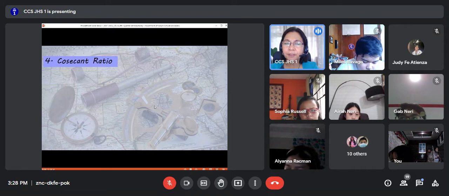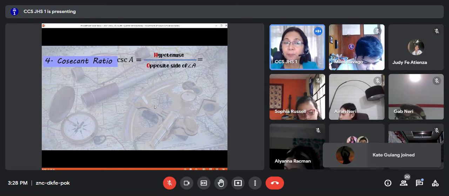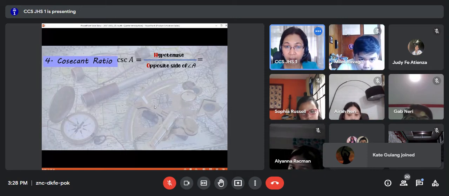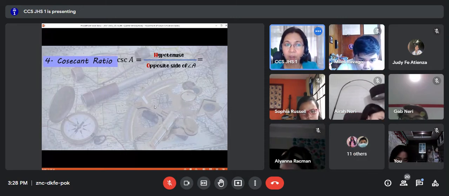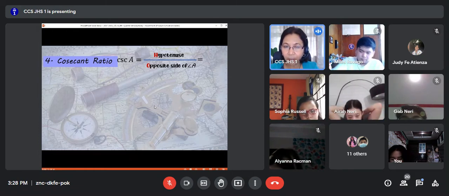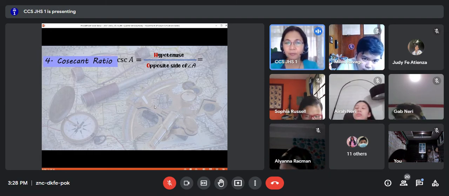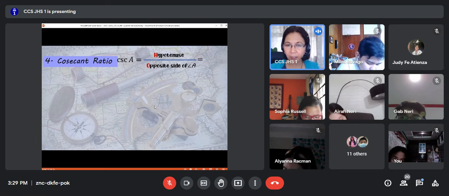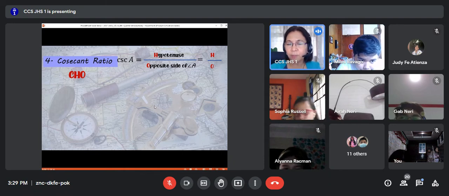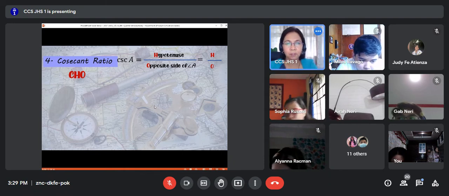Now, the next three ratios are just the reciprocals of the first three. Cosecant is the reciprocal of sine ratio. So the cosecant ratio, denoted by CSC of the angle, is equal to the hypotenuse over the opposite side of angle A, or H over O, or your symbol for that is CHO.